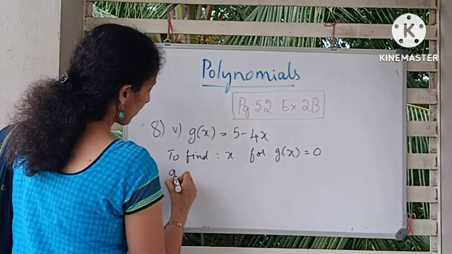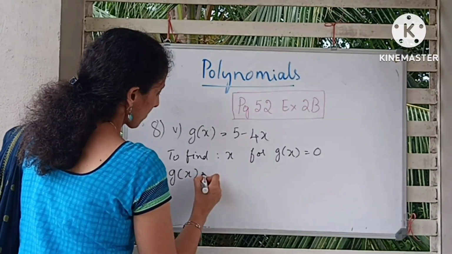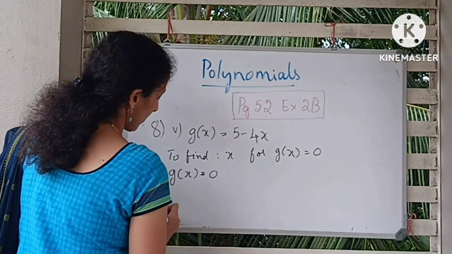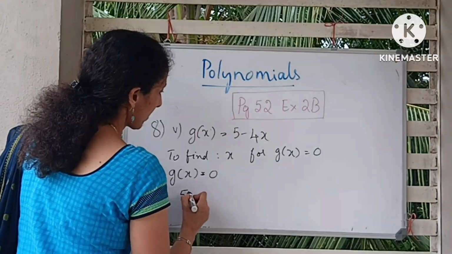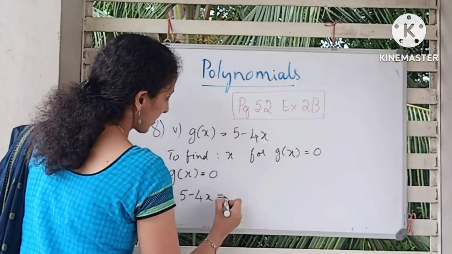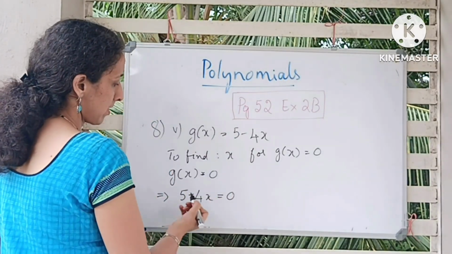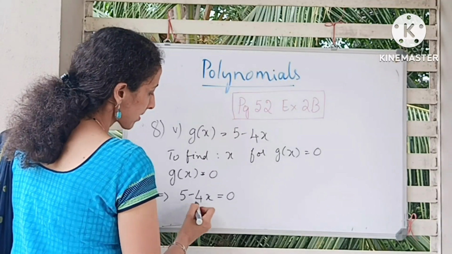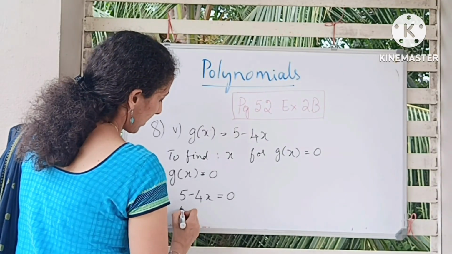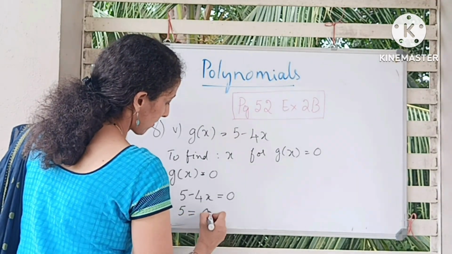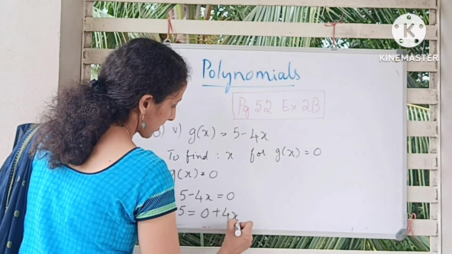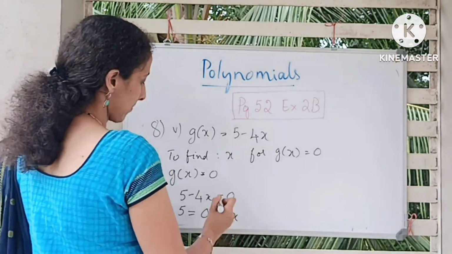Let's see. G of x is equal to 0 implies 5 minus 4x is equal to 0. This means 5 is equal to 0 plus 4x. I am taking it to this side.